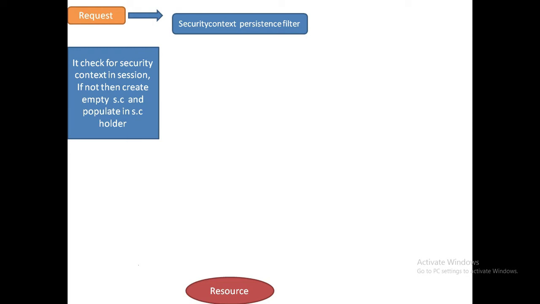session. So what it does, it checks for the security context in the session. If not found, then it creates an empty security context and populates it into the security context holder. So the request comes first to the security context persistence filter, and it checks if the security context is already present in the session.